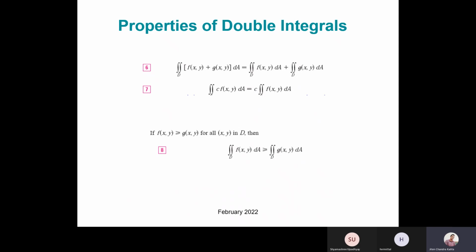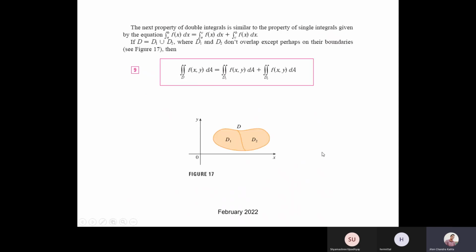But if you examine more closely, you will see that it can be expressed as a union of type 1 or type 2 regions. So that is where we are coming to.